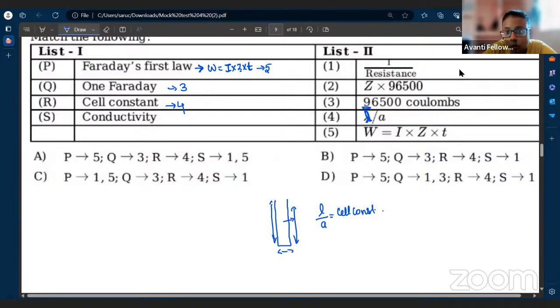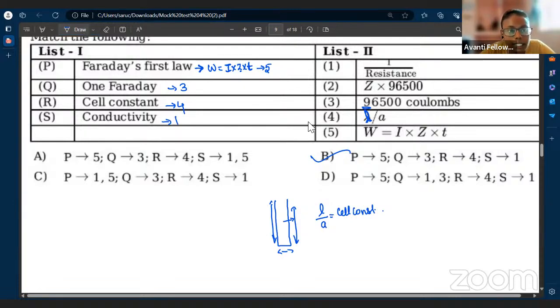And what is conductivity? It is 1 by resistance, right? So it is going to be 1. So option B is the right answer.